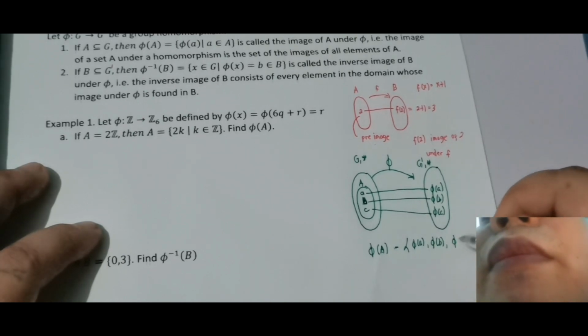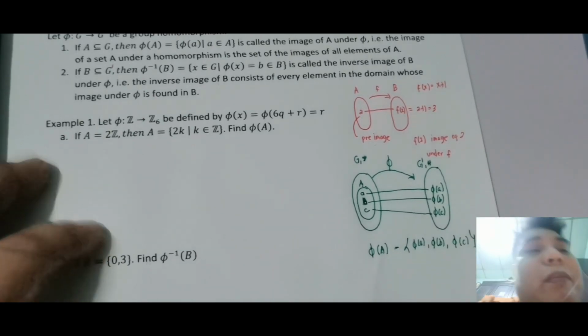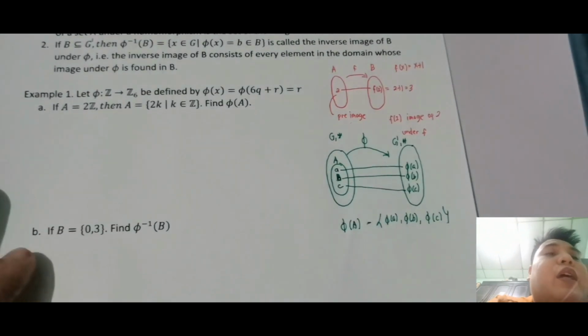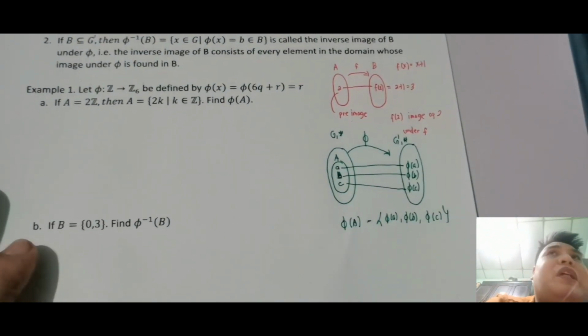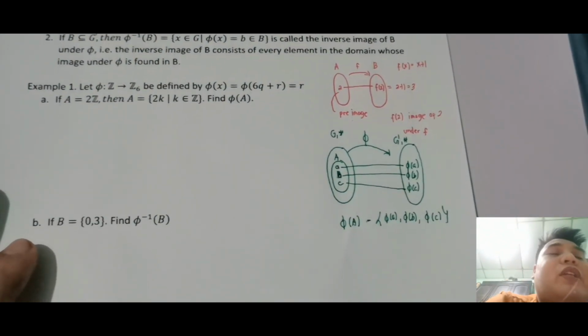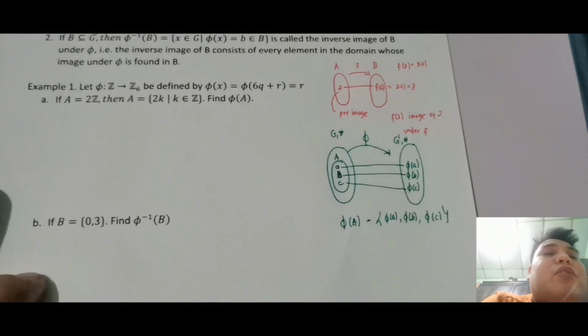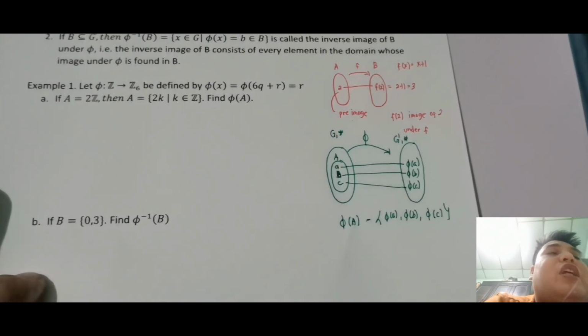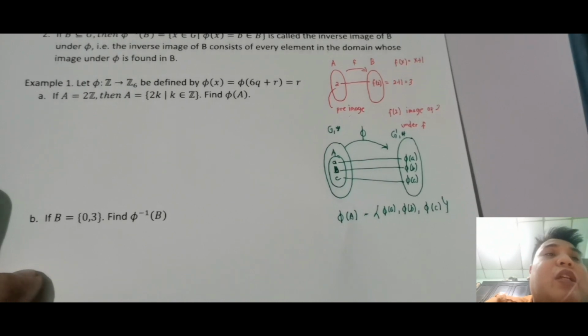So meaning, ito ay the set containing P of a, P of b, P of c. Hindi basta-basta, gamitin mo mismo yung image niya under P. So, meaning, for example, dito.